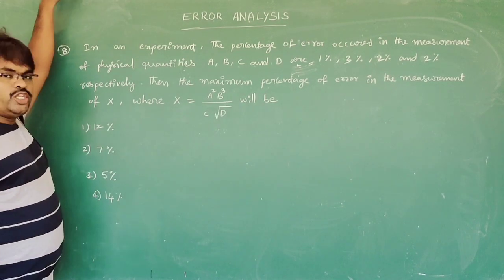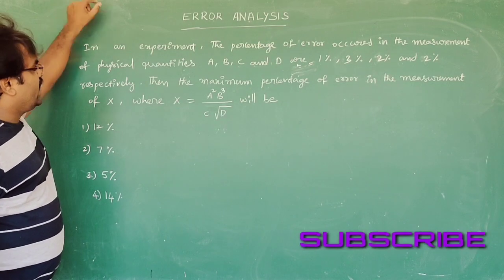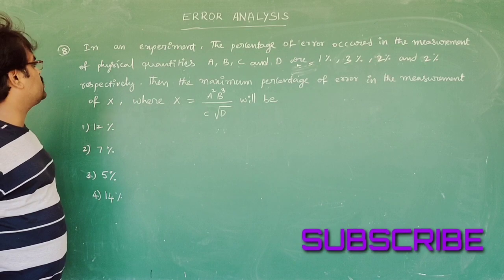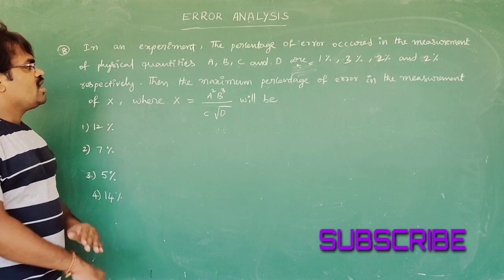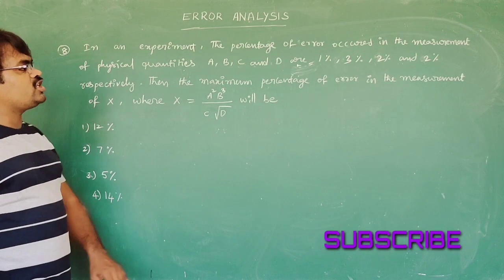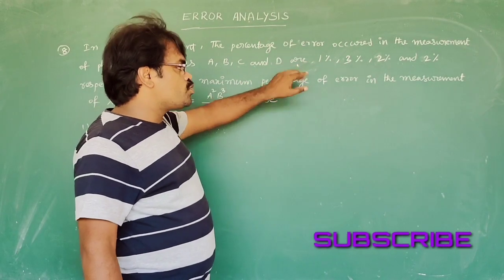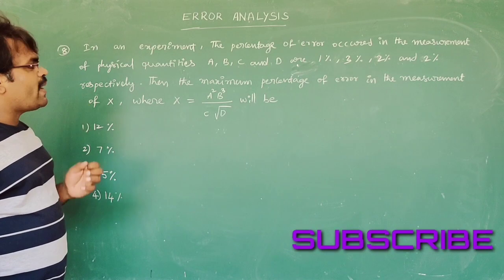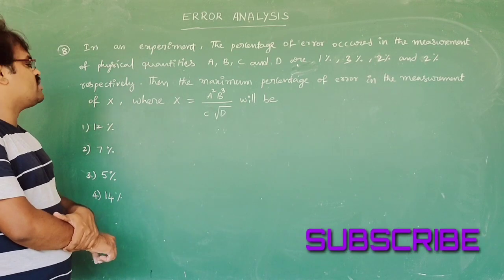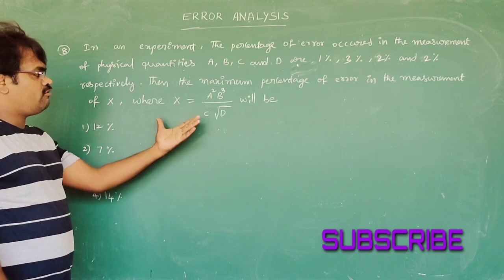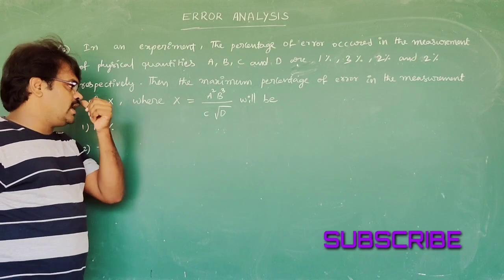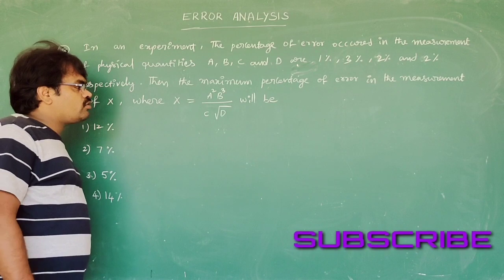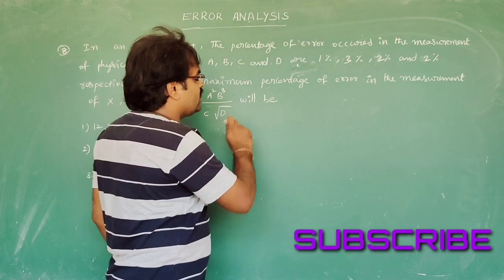Now we are going to the 8th one. In an experiment, the percentage errors in the measurement of physical quantities A, B, C, D are 1%, 3%, 2% and 2% respectively. Then the maximum percentage error in the measurement of x, where the relation they given is x equal to a squared b cubed by c into root d, will be.